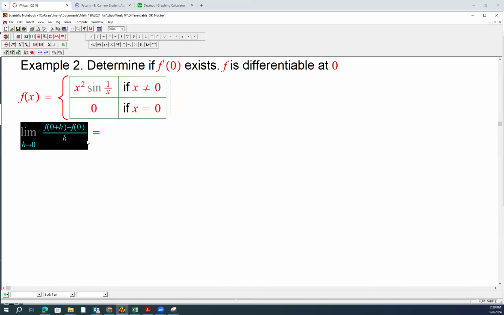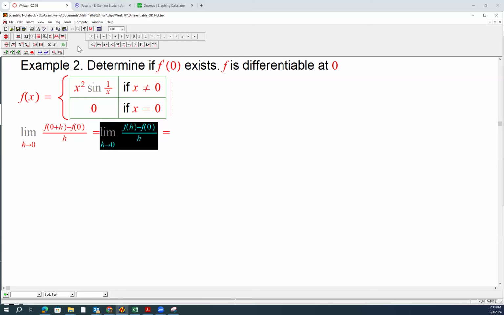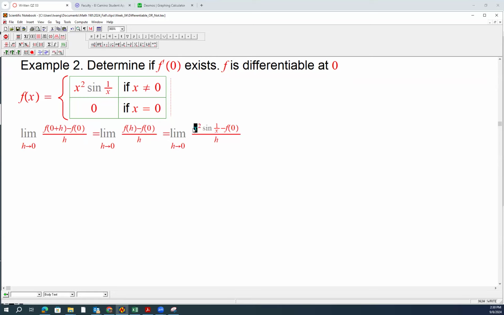Once again, we're going to proceed. 0 plus h is h, right? And we're going to plug in f of h. We're going to replace x by h, using this form of the function. Okay, substitution.